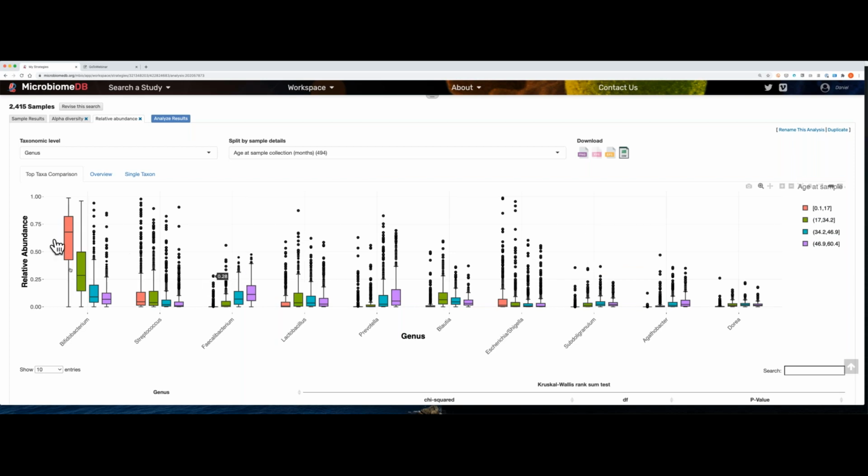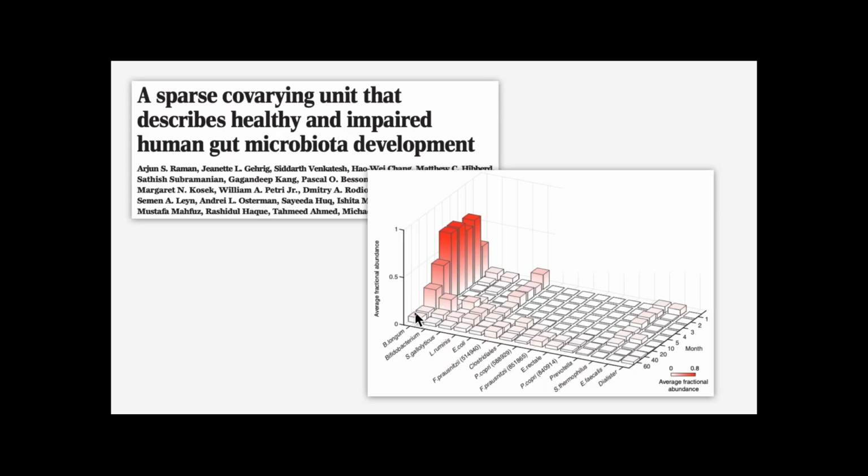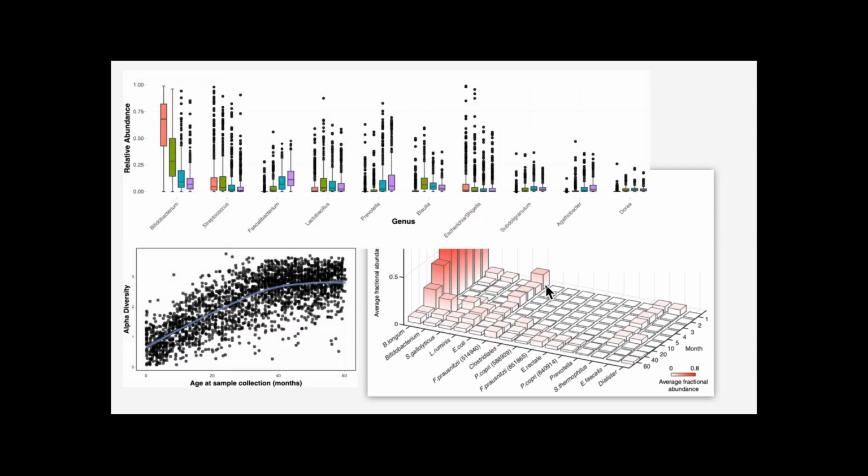So this is really cool because what we've identified here are really age discriminatory taxa, and many of them align very, very nicely with what was reported in this paper, which used much more complicated statistical methods to find these. Really important development of statistical methods in that paper, but nonetheless, simple web-based queries can give similar inferences.